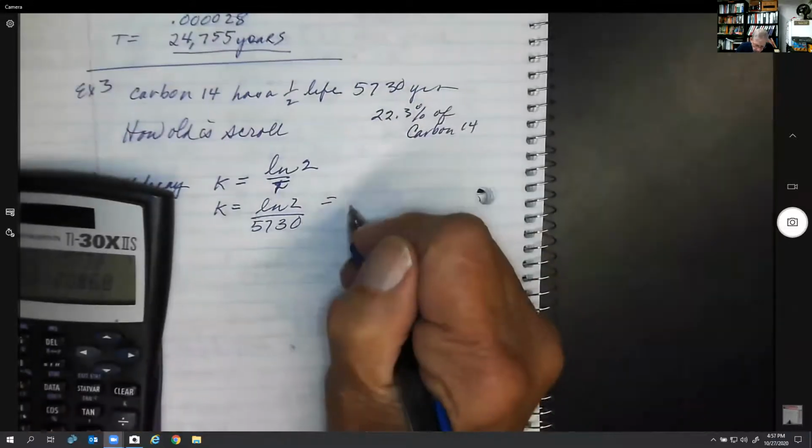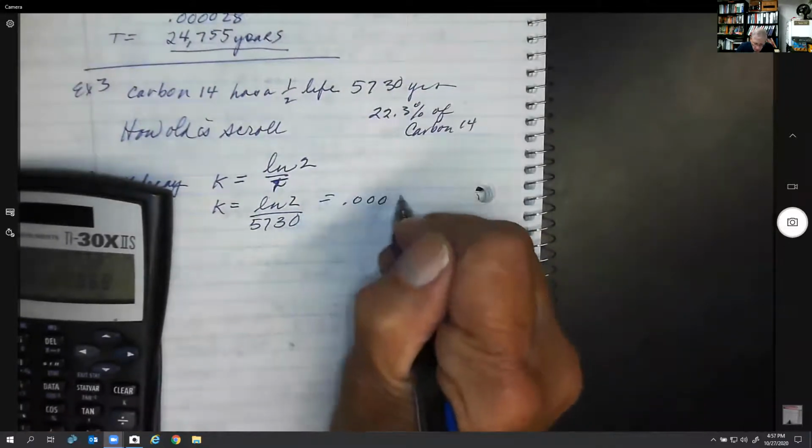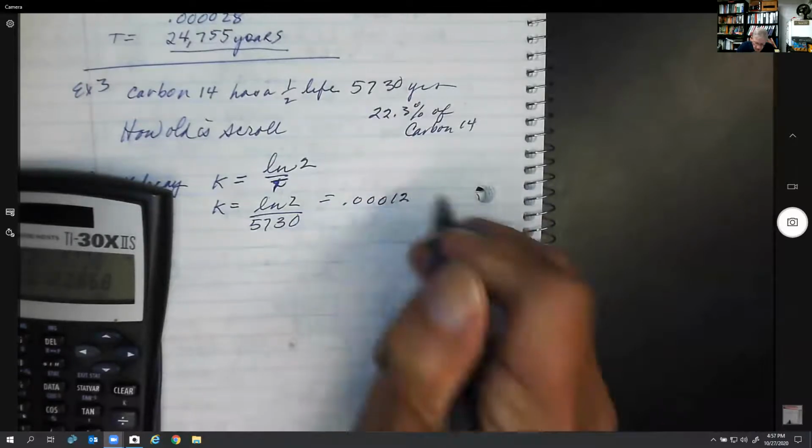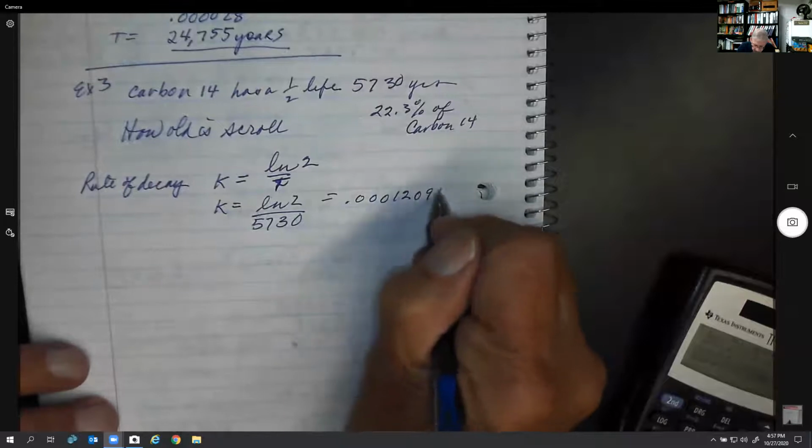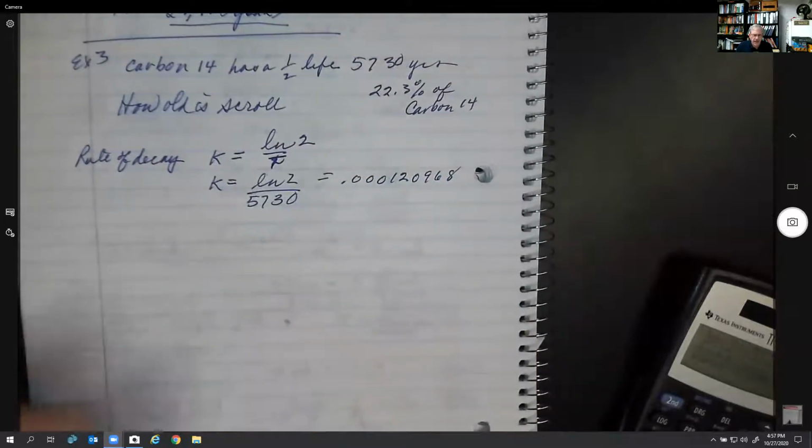Pretty small number, 0.000. Make sure you get those zeros. Let's call it just 1, 2, and we'll put down the whole thing, 968. Okay, so that's our rate of decay right there. We know the rate to get to a half-life. That's the rate of decay, decomposition.